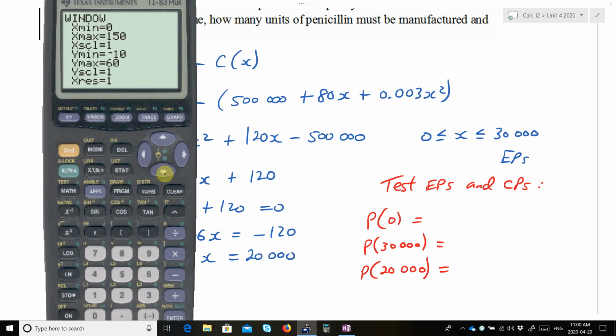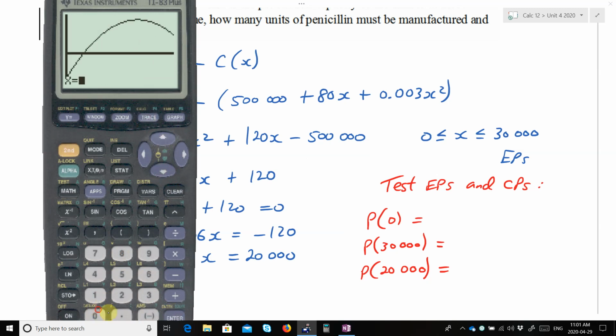Okay, so x needs to be between 0 and 30,000. We try that interval, and there is our profit function. Awesome.